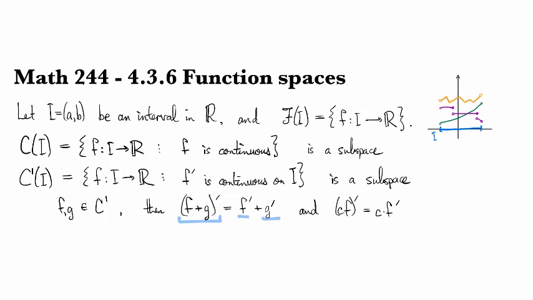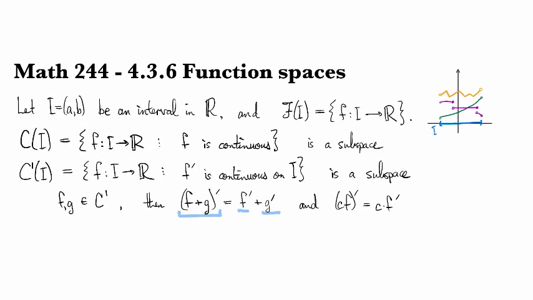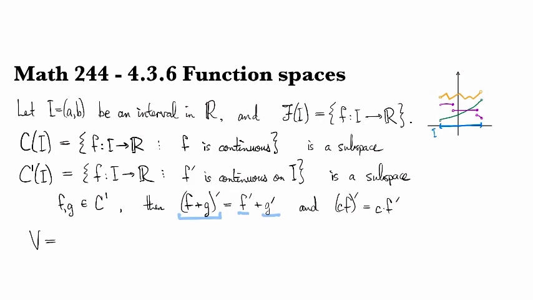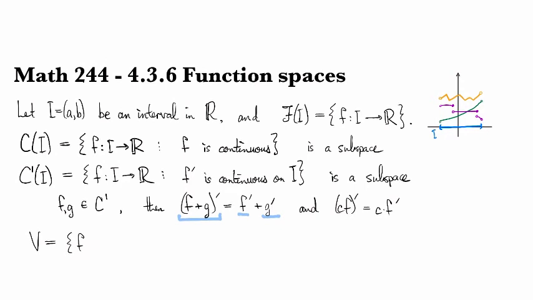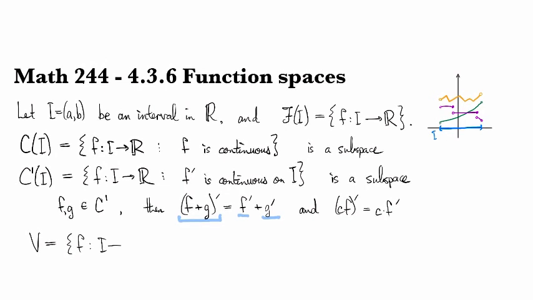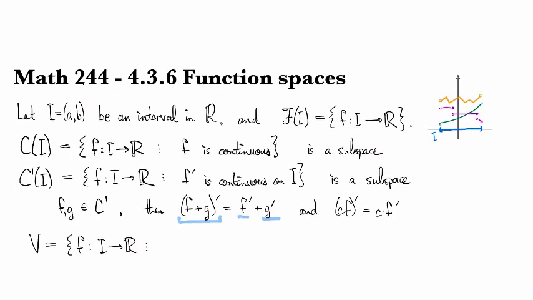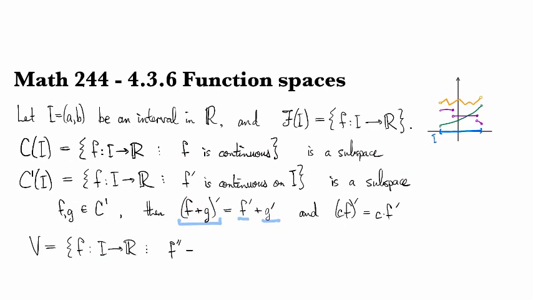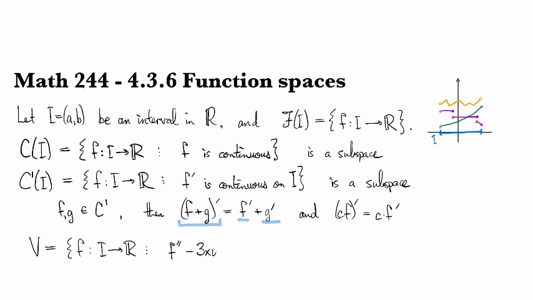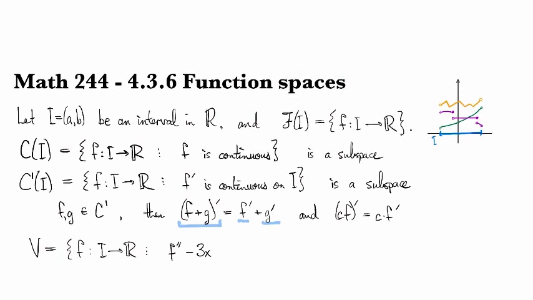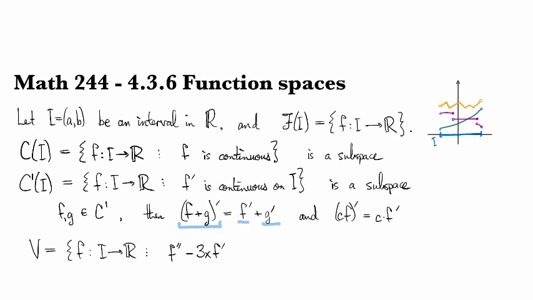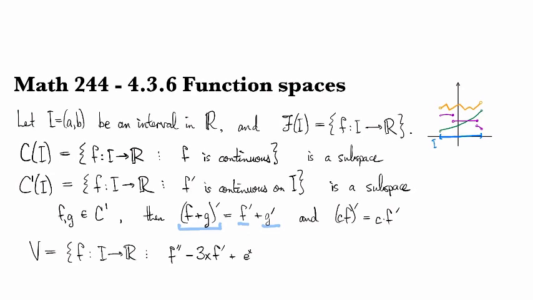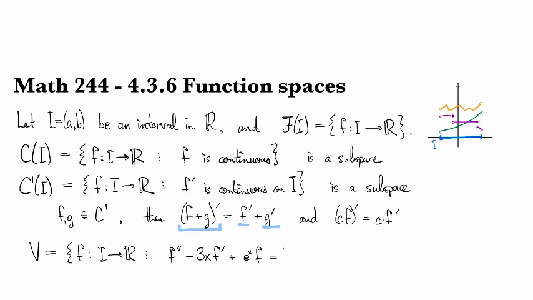And let's see what else. I could say let's let V be the collection of functions on some interval such that f double prime minus 3x f prime plus e to the x f equals 0.